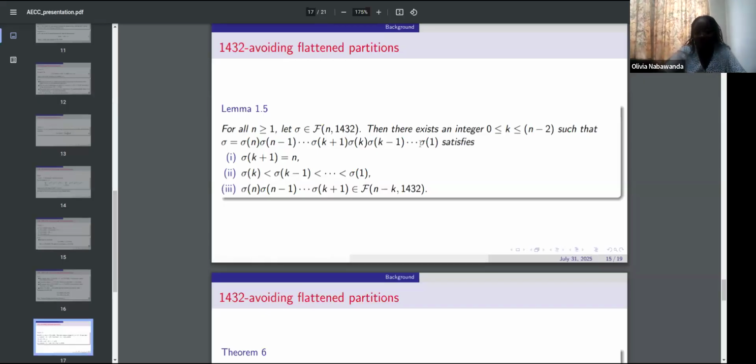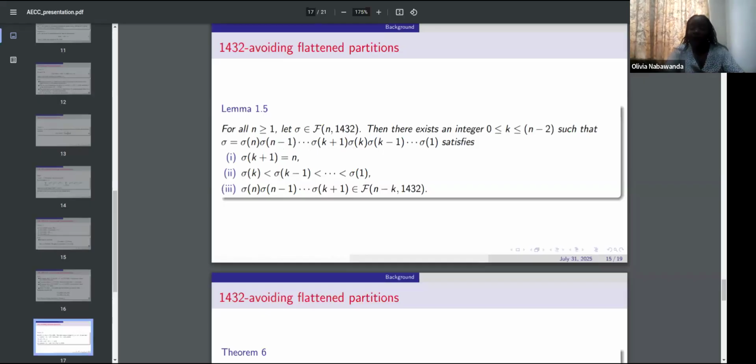So you have the form sigma 1 up to sigma k, then sigma k plus 1 onwards, moving towards the left up to sigma n, and we just decided to index from the end.